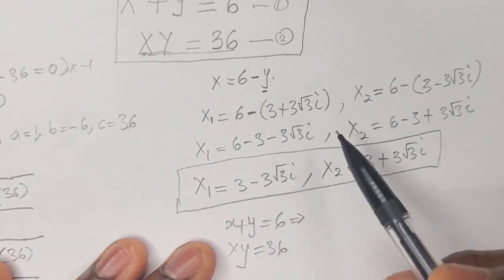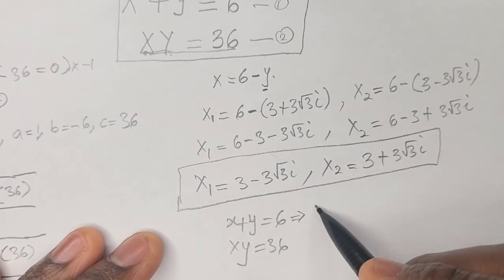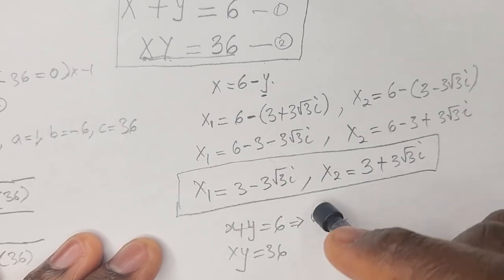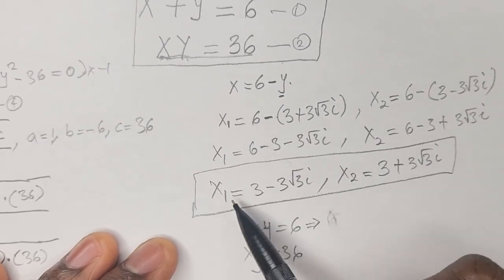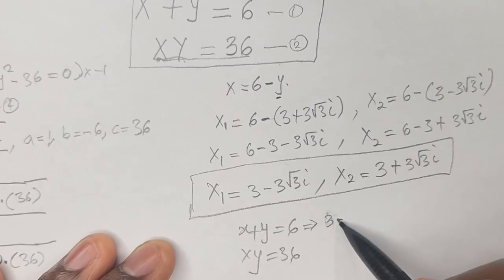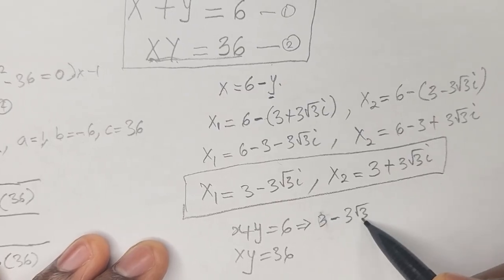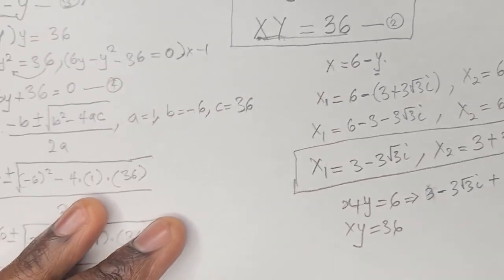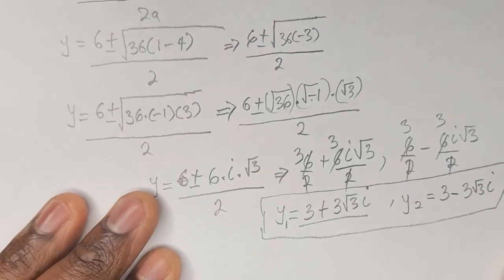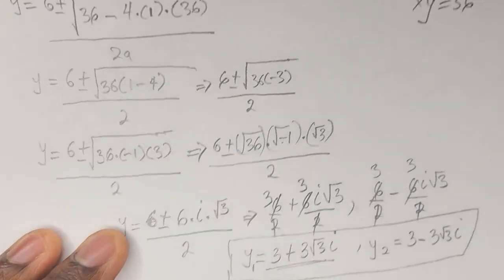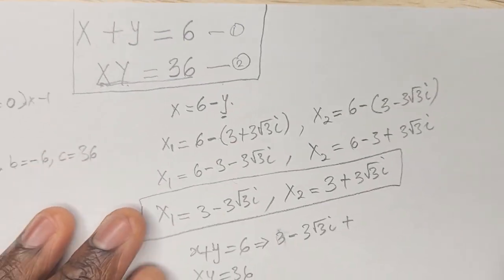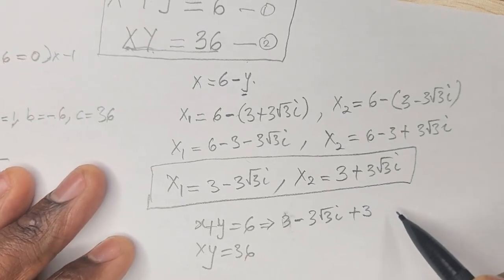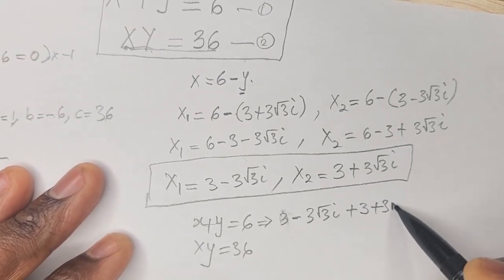Pick one of those. x1 here is 3 minus 3 root 3 i, plus our y1, which is 3 plus 3 root 3 i.